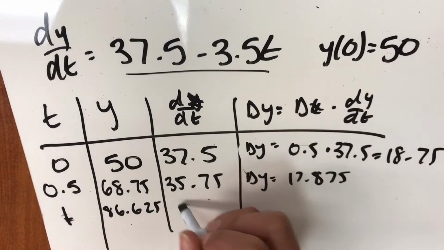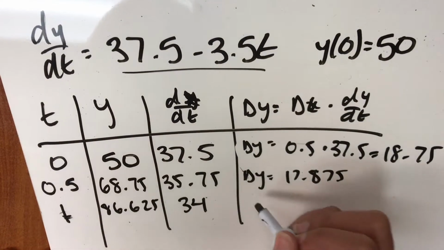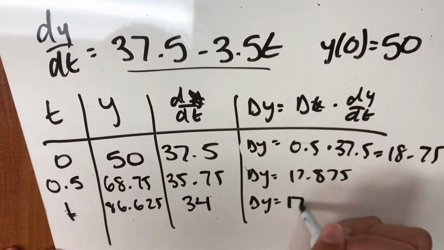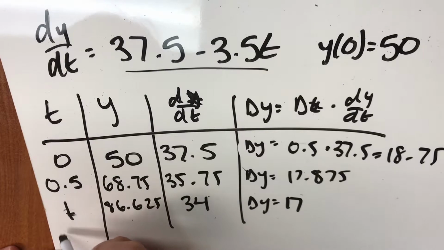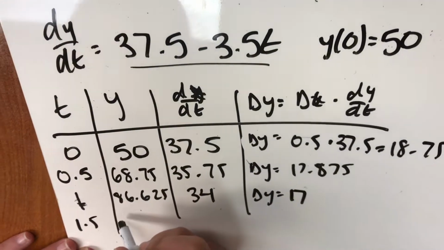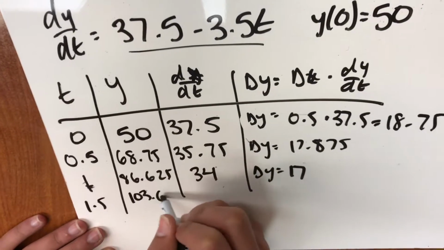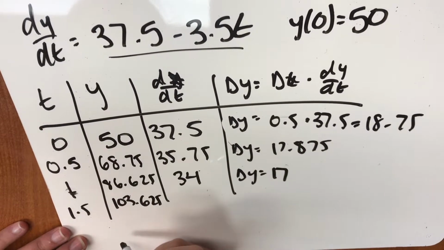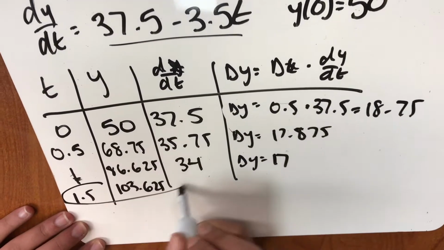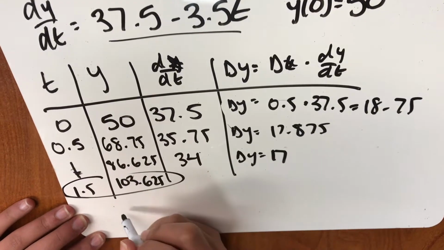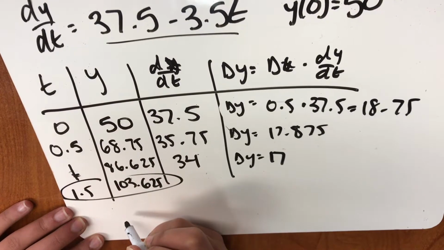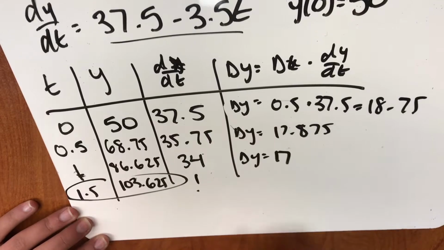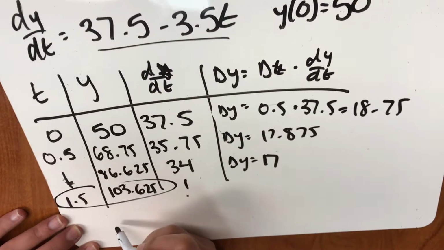And then dy/dt would be 34. The change in y is 17. Now t would be 1.5 and y would be 103.625. Is that it? Yep, great. So at 1.5 minutes, the concentration of Kool-Aid mix should be approximately 103.625 grams per liter. Now we can make Kool-Aid. Yay!